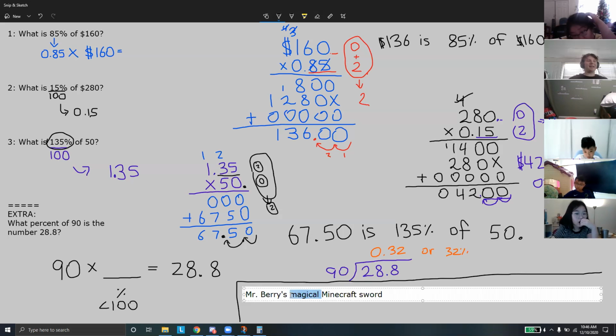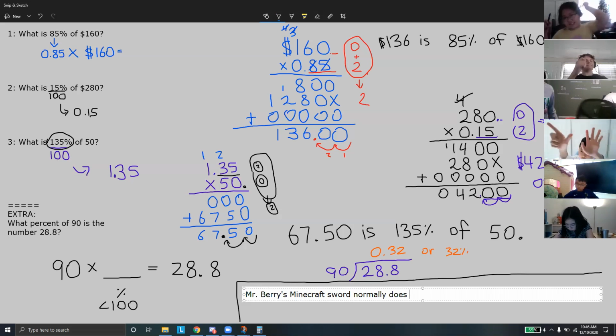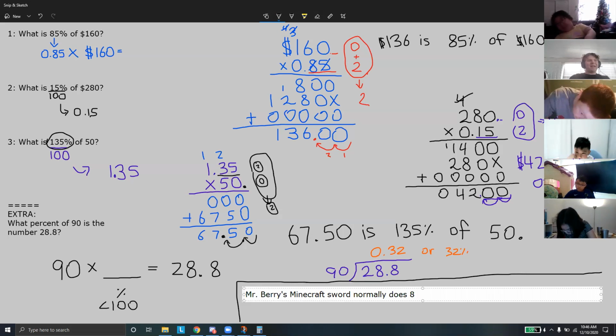Oh, it's not magical yet, I guess. It will be. Mr. Berry's Minecraft sword normally does 8 attack damage. Attack damage, normally.